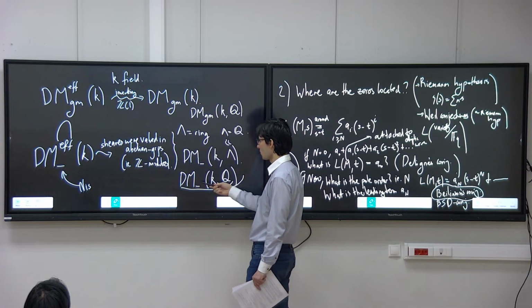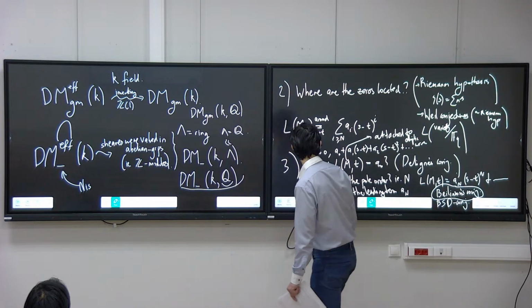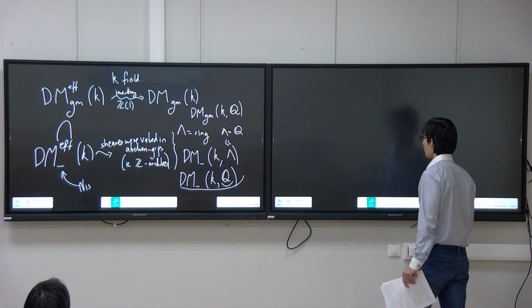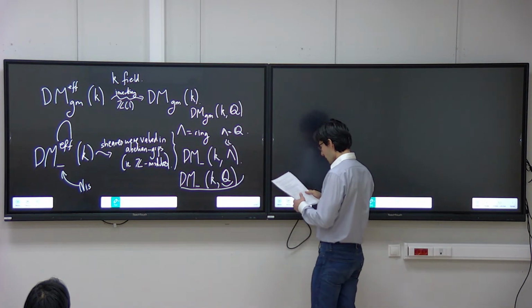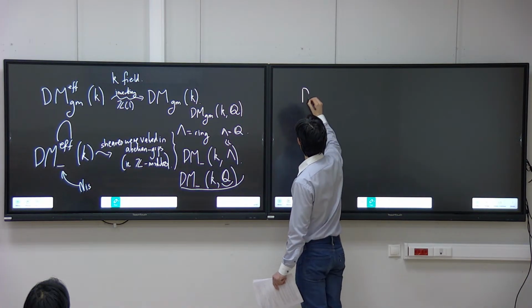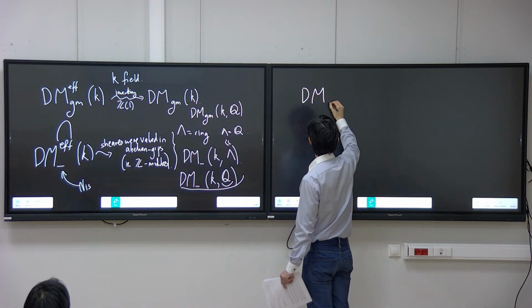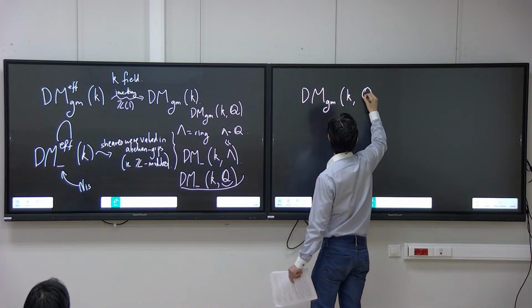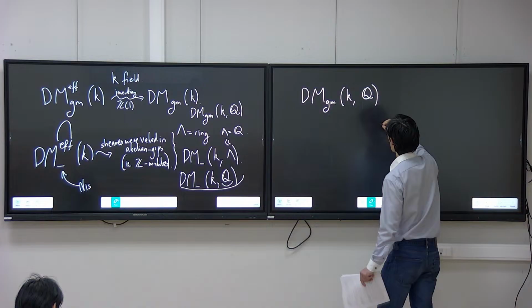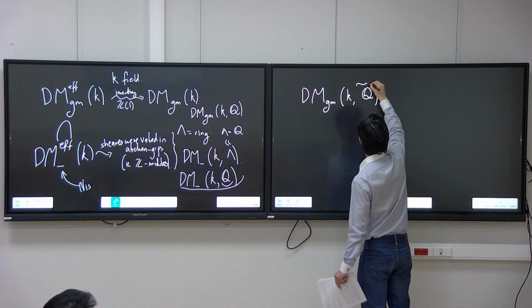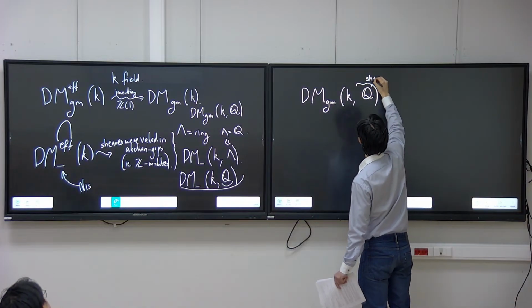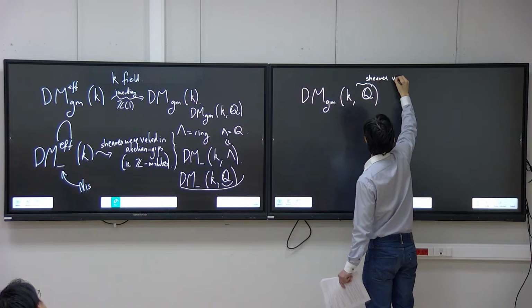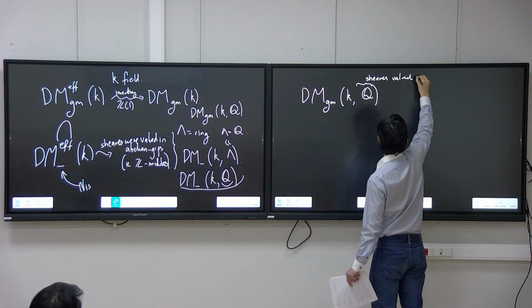So it's better to upgrade everything in terms of Q. So at this point, let's just say that I have a category of geometric motives over K with Q coefficients. So you should think of this as sheaves valued in Q vector spaces.